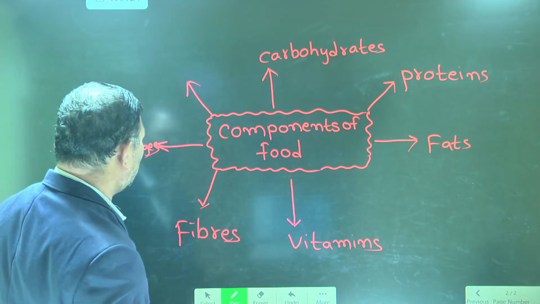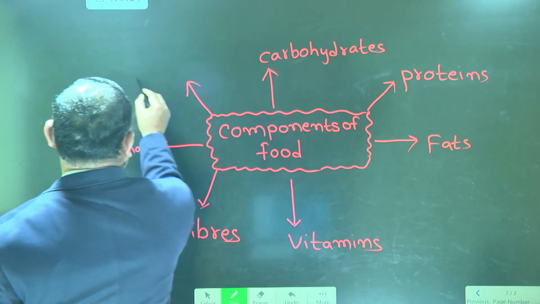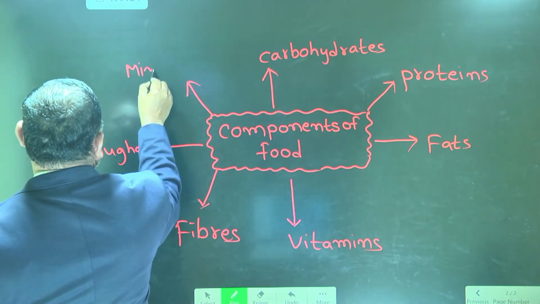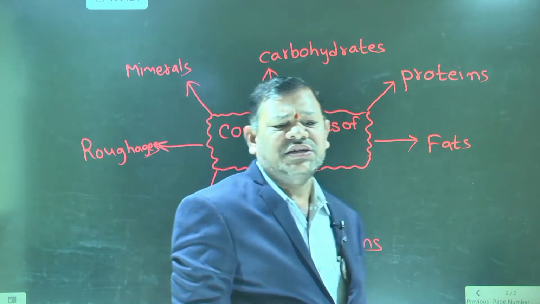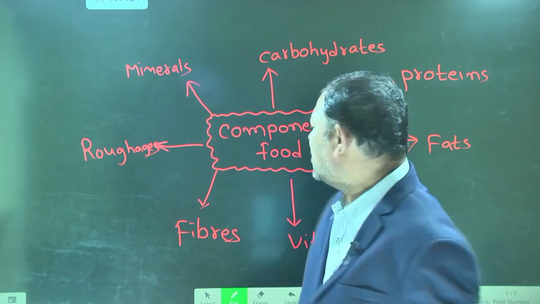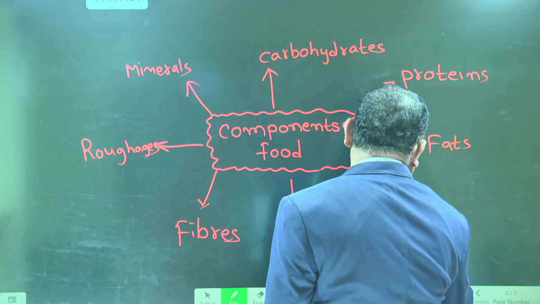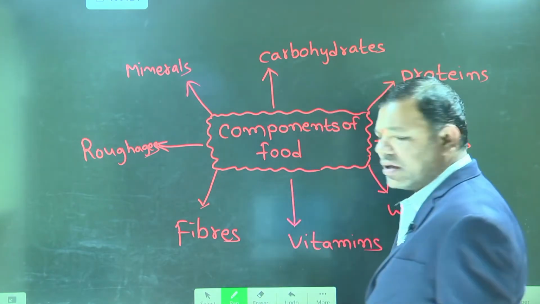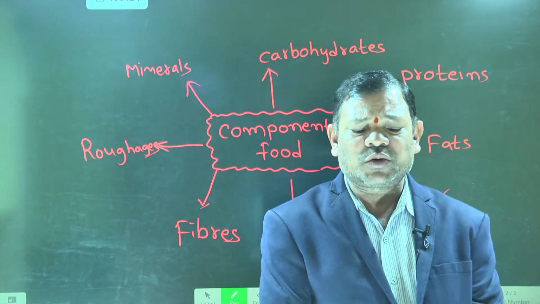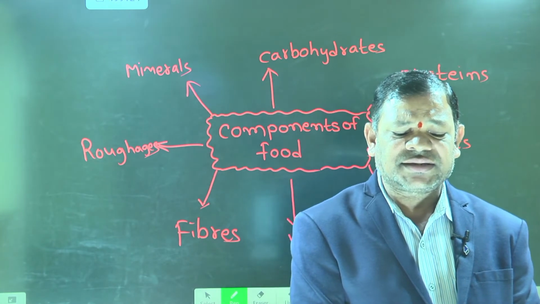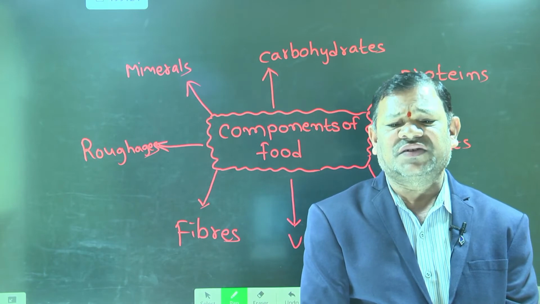Next one is minerals. Okay, so these are the essential components of food. Here you can write water also. So carbohydrates, proteins, fats, vitamins, minerals, fibers and water are the essential components of food.